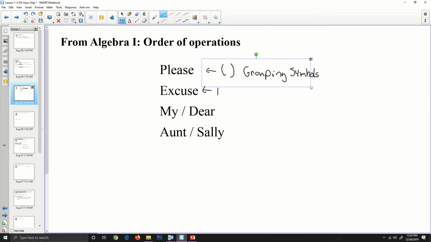Excuse are going to be exponents as well as logarithms. My dear is multiplication and division. And Aunt Sally is add and subtract.